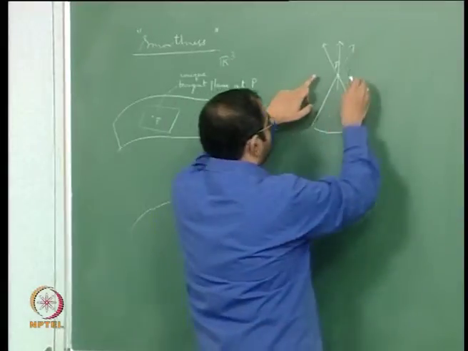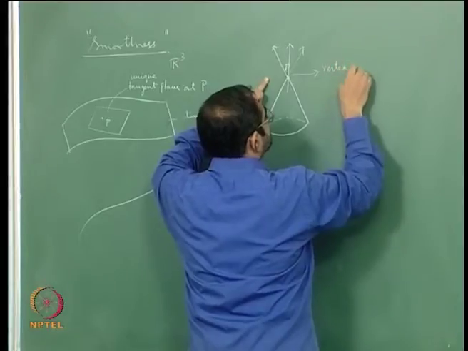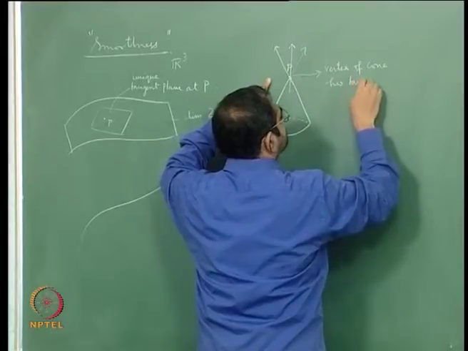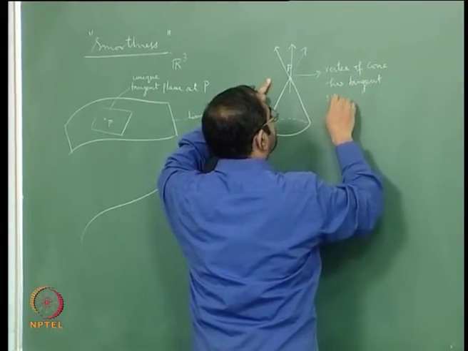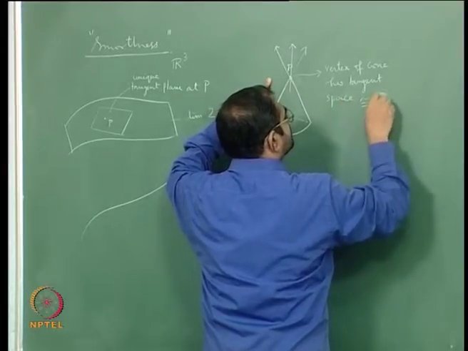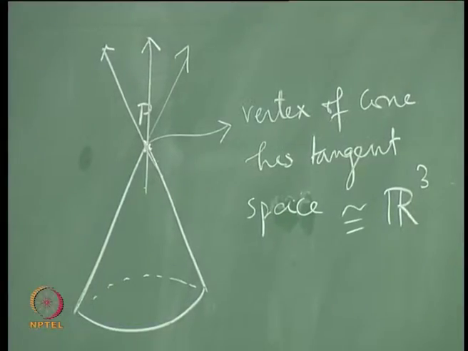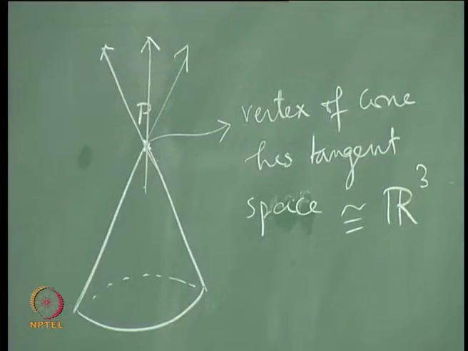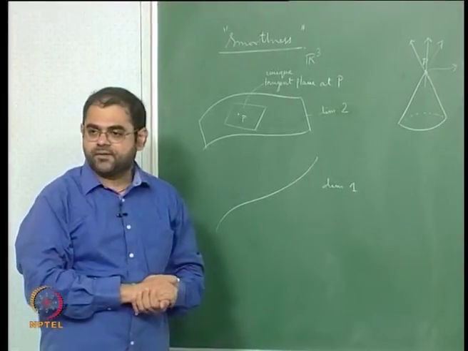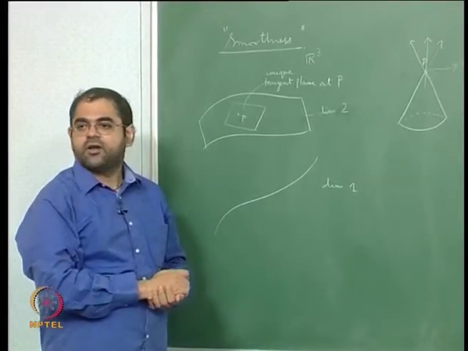So the tangent space at the vertex of the cone is isomorphic to R3 as a vector space, because you are easily able to find three linearly independent vectors, and these are vectors in 3 space, and therefore the subspace that they span will be all of 3 space.